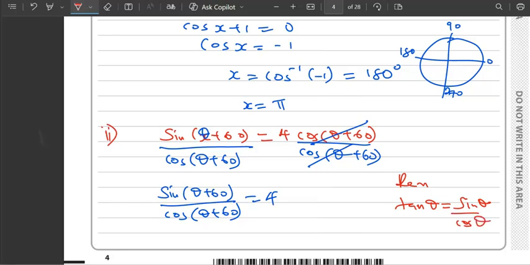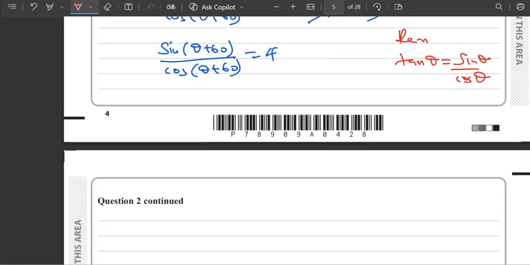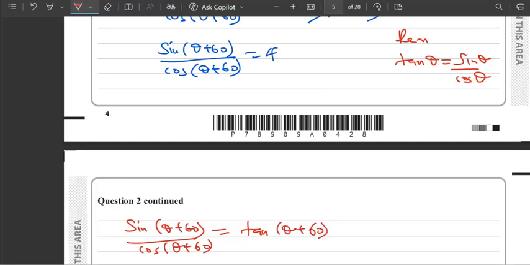So if we replace this, the ratio of sine theta plus 60 to cos theta plus 60 is simply equal to tan of theta plus 60.